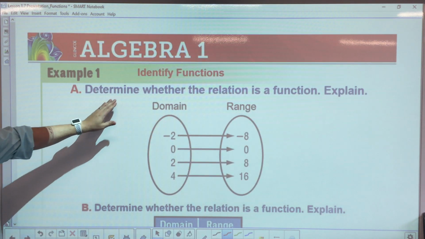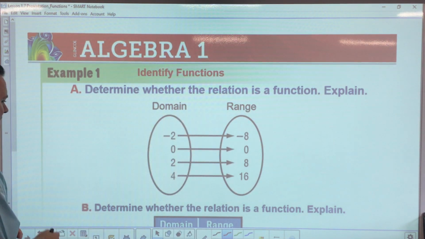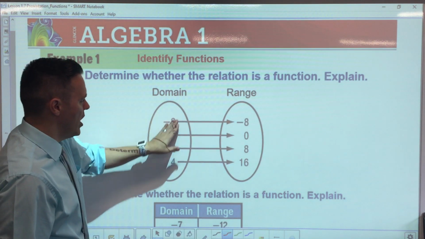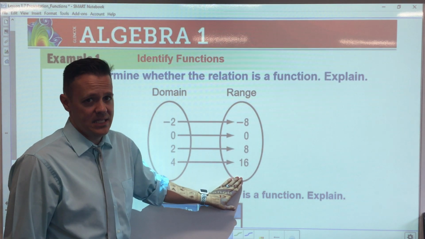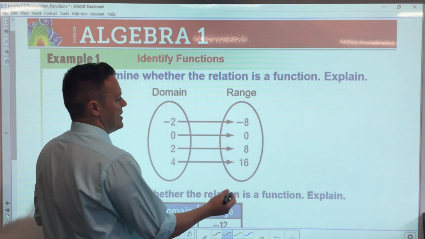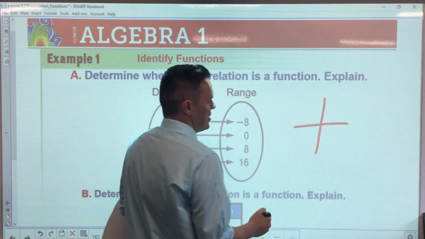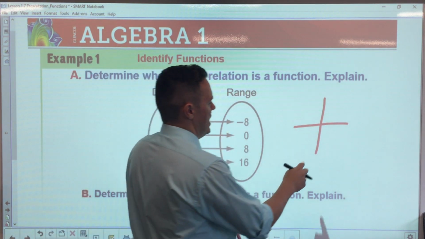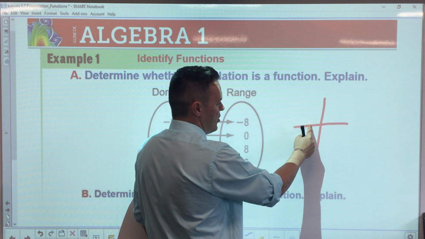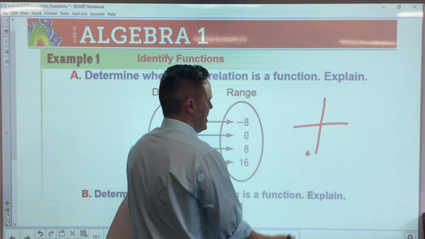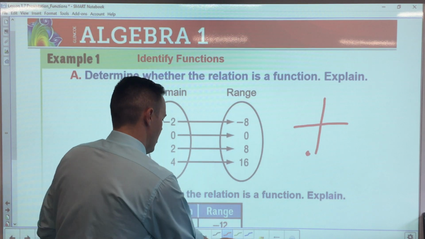All right, so determine whether the relation is a function. Explain. So for every one domain, you have one range. Is this a function? Yes, it is. The reason is if you were to plot this out on a graph: -2, -8, so -2 over, 8 down. Let's just say there's a point way down here. And then 0, 0 is the origin.